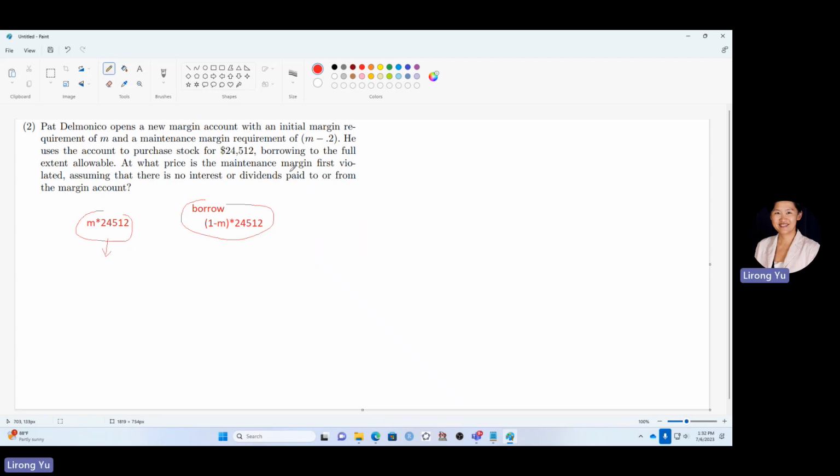At what price is the maintenance margin violated? When the maintenance margin is violated, we get a margin call. We will have to pay extra money.